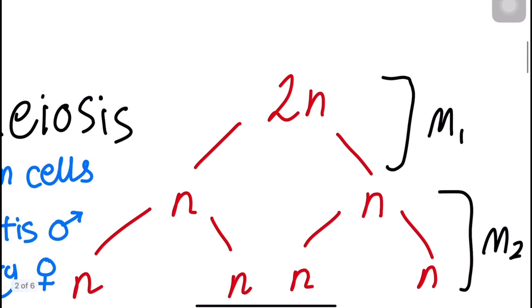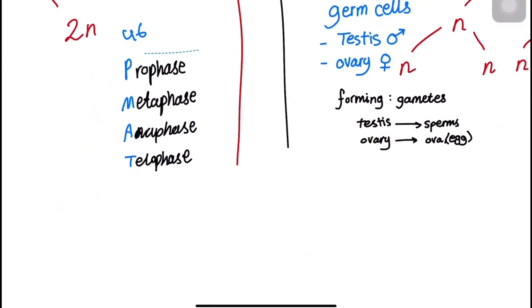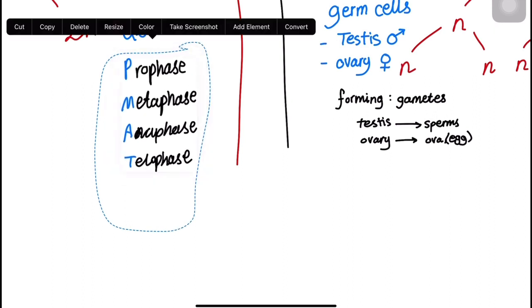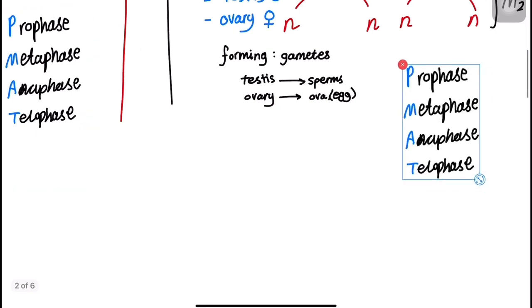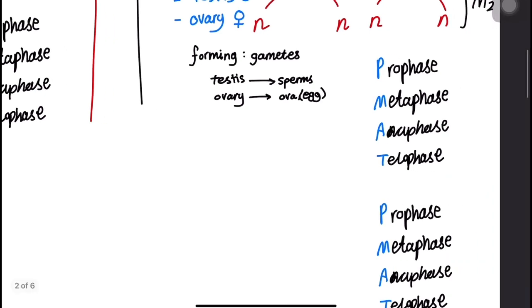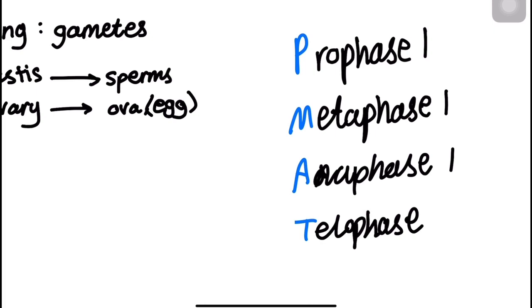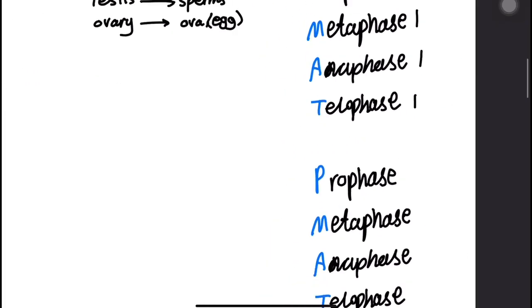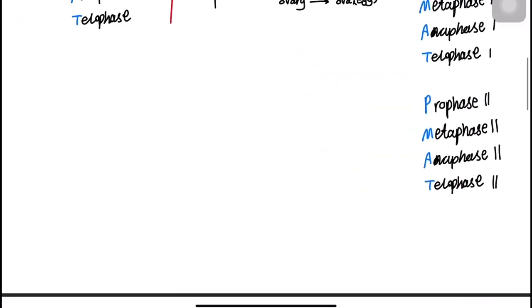The stages, however, are the same actually as mitosis, but they are labeled in numbers. So if I'm going to say meiosis I, I'm going to say prophase I, metaphase I, anaphase I, cytokinesis, prophase II, metaphase II, anaphase II, telophase II, cytokinesis.